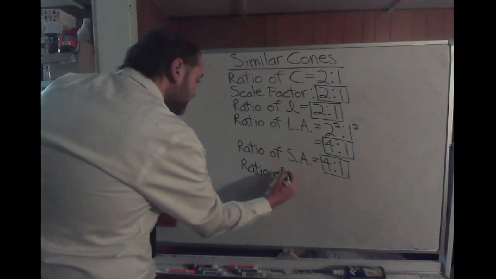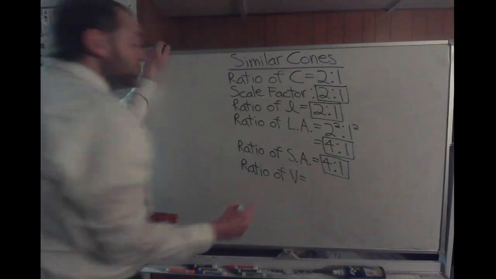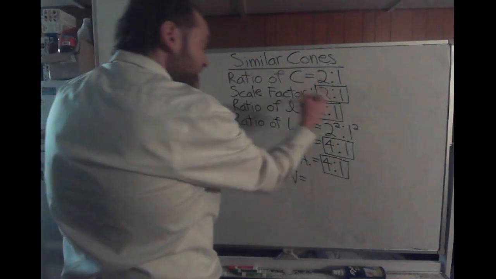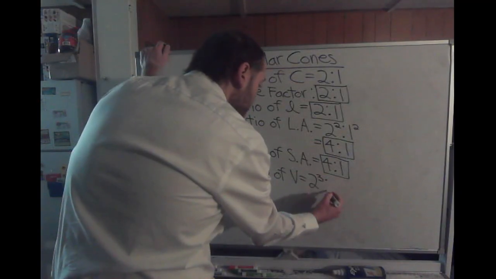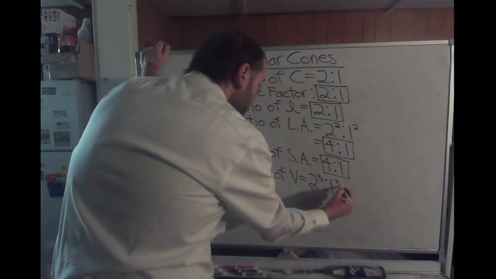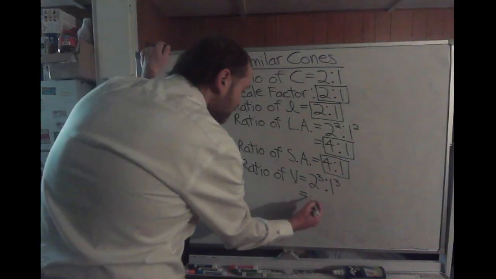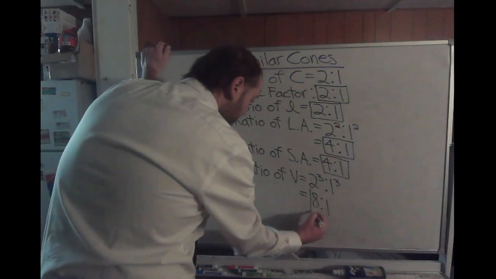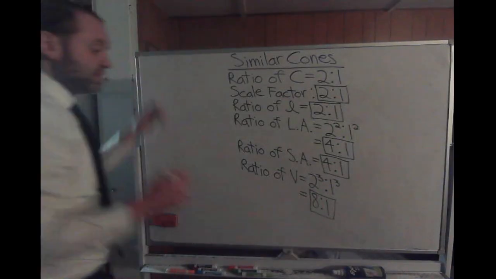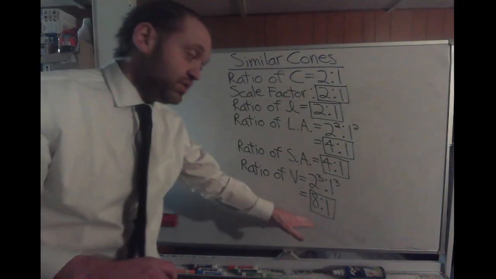So let's find the ratio of the volumes. That's where you take each part of your scale factor and set it to the third power. So it would be in the ratio of 2 to the third power to 1 to the third power, which would simplify into 8 to 1. So the ratio of volumes between these two similar cones would actually be 8 to 1.